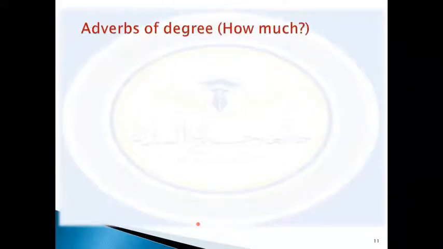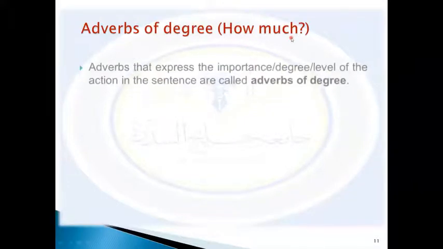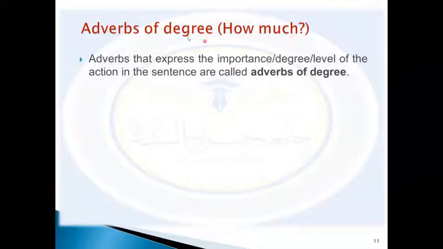The next type is known as adverbs of degree. They answer the question of how much in the sentence. Adverbs that express the importance, degree, or level of the action in the sentence are called adverbs of degree.